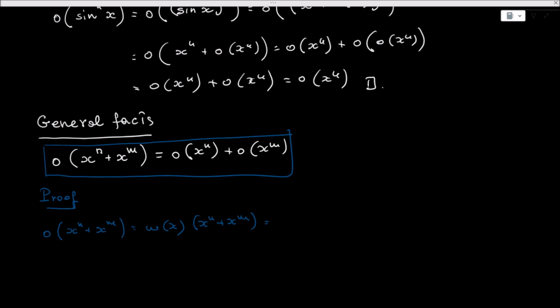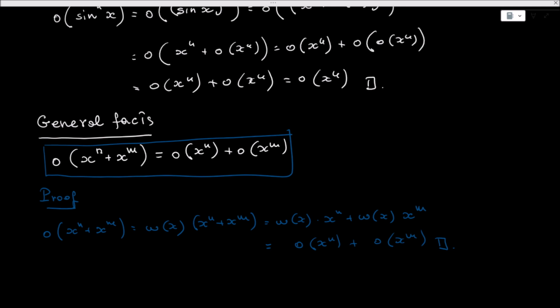But this is omega of x times x to the n plus omega of x times x to the m, right? But this is nothing else than the little o of x to the n, and this is little o of x to the m. So this concludes the proof of this first general fact.